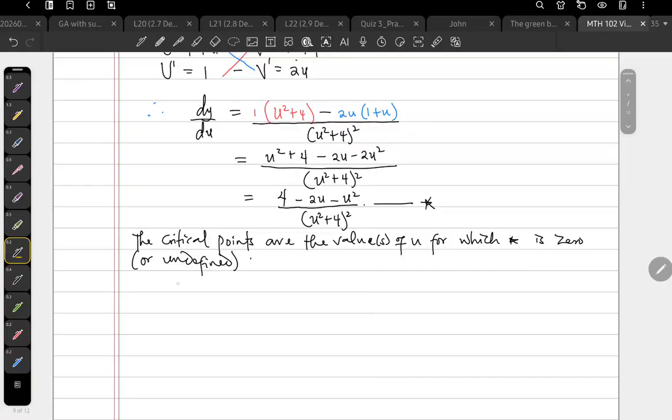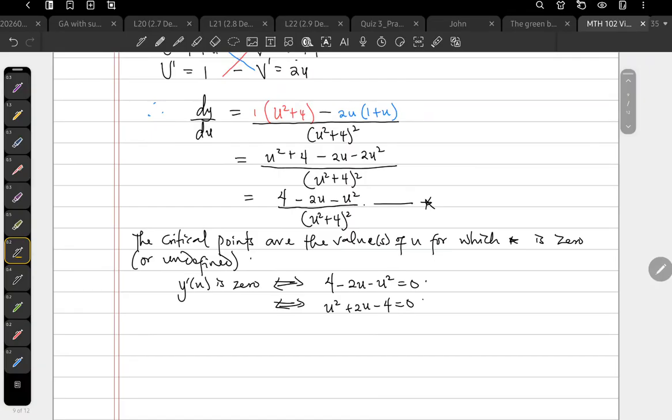So y prime of u is 0 if and only if the numerator 4 minus 2u minus u squared is equal to 0. In other words, we are considering u squared plus 2u minus 4 equals 0, after multiplying through by -1.